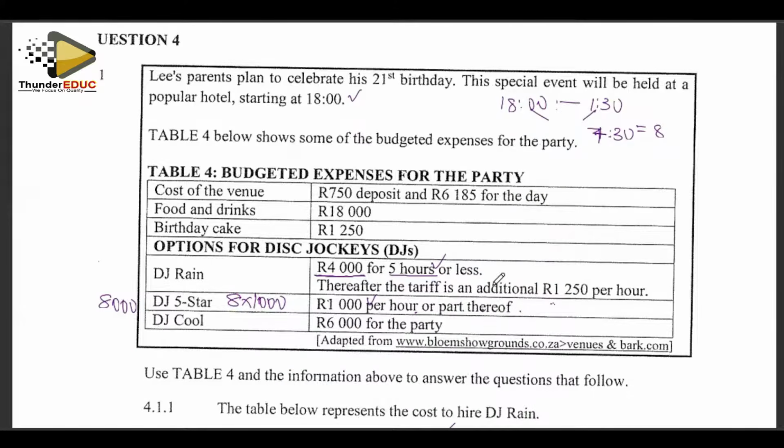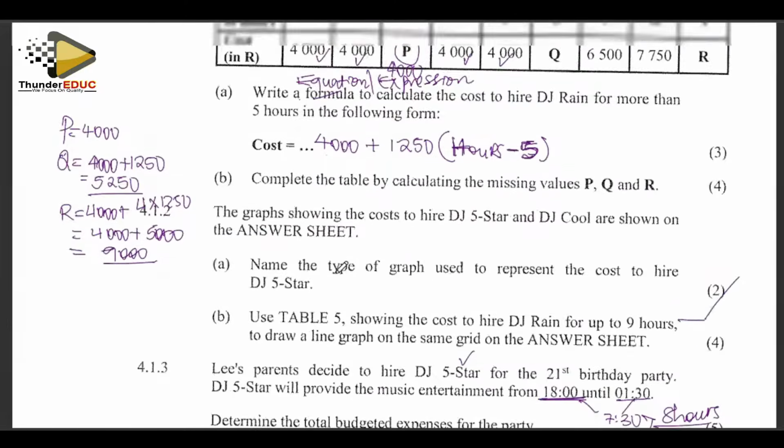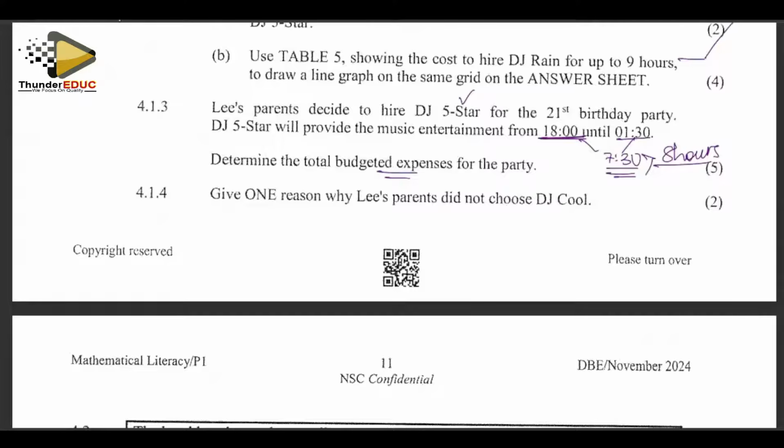We are looking at budgeted expense, not exact use, but actually it becomes like that. So the DJ is going to ask for 8,000, plus we have the deposit of 750.